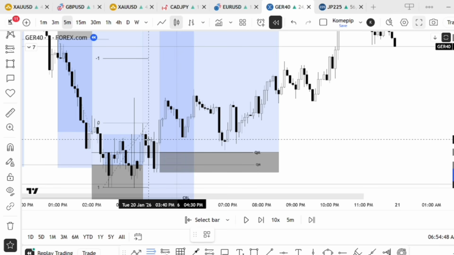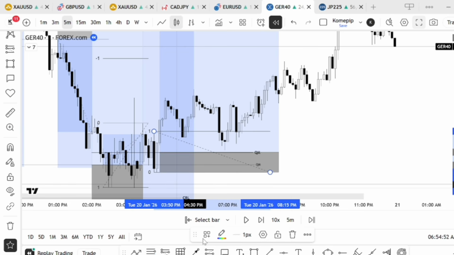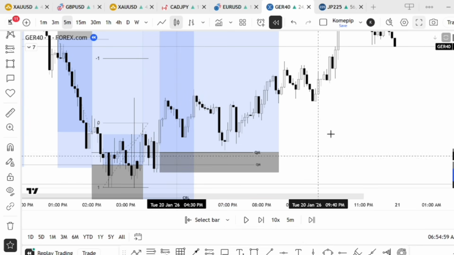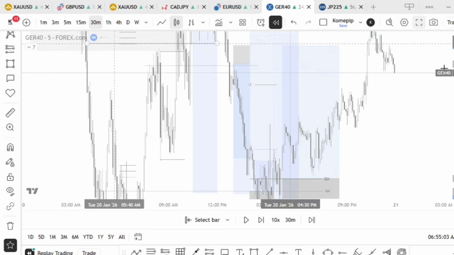So for me, I think that's literally a miss setup, because even the 50% of this 5-minute ICRT, price still did not get there. So let's take that as a missed entry.